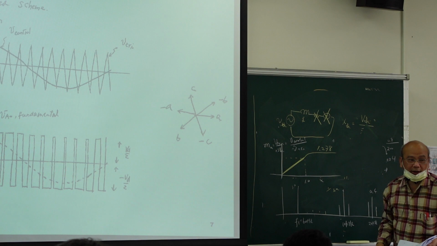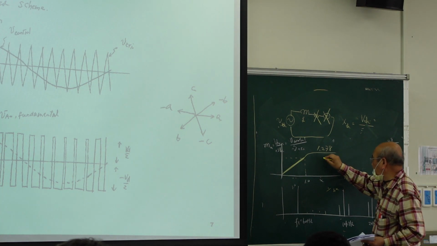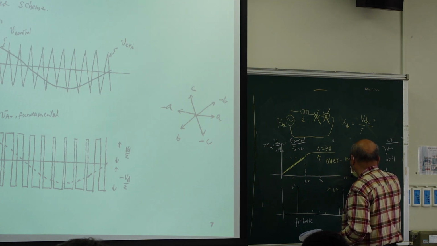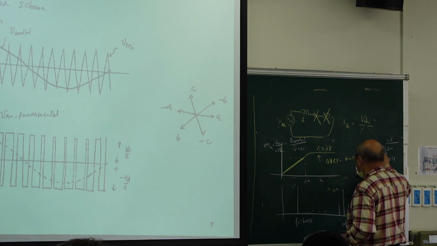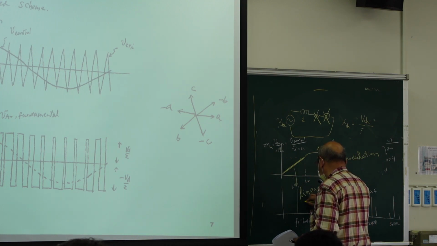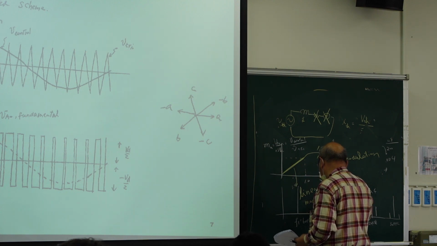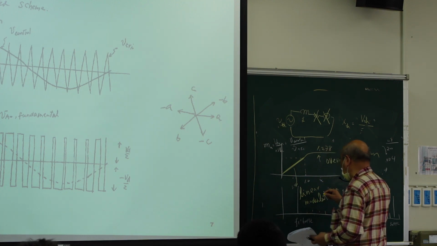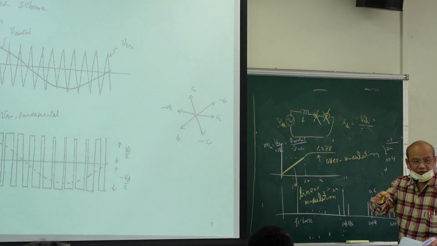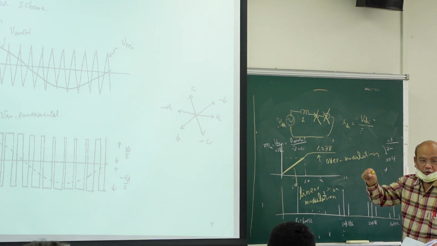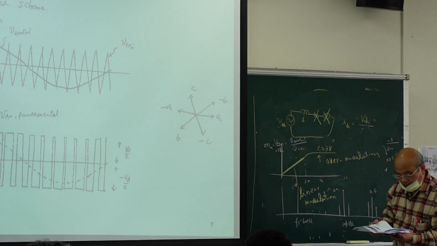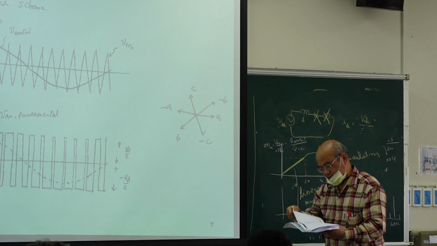This is saturate. So this is linear. We call this overmodulation, and we call this linear modulation. So if you design PWM modulation, you have to be very careful. Your sinusoid waveform cannot go over the triangular. Otherwise, you get a lot of trouble, right? Your modulator becomes useless.